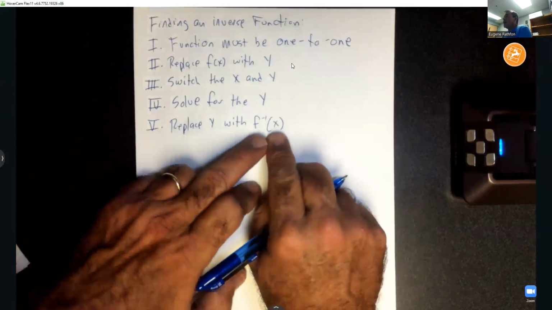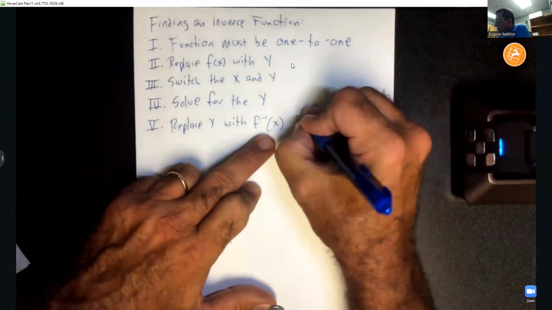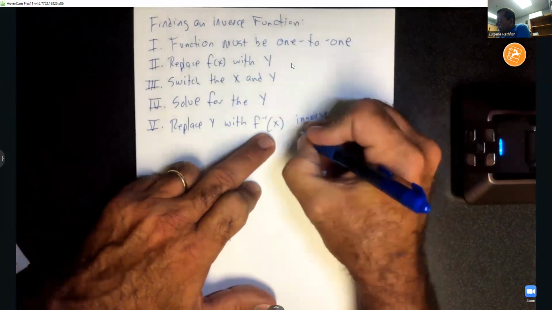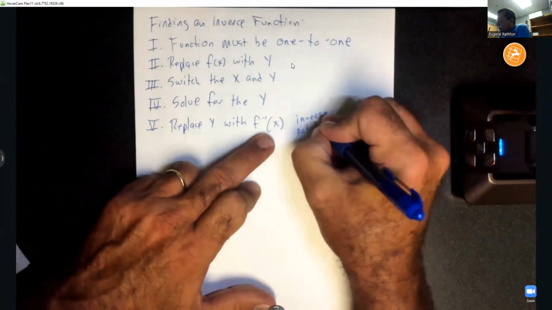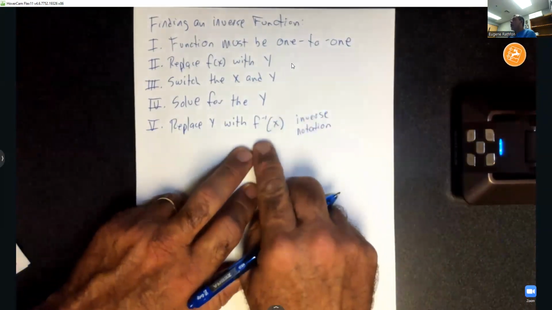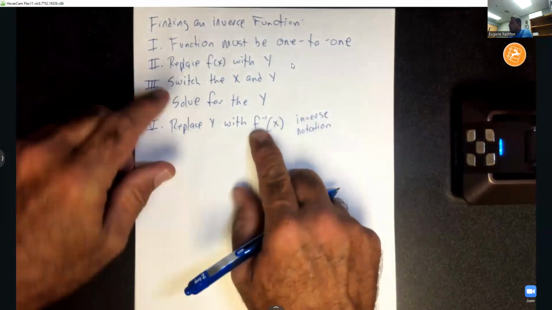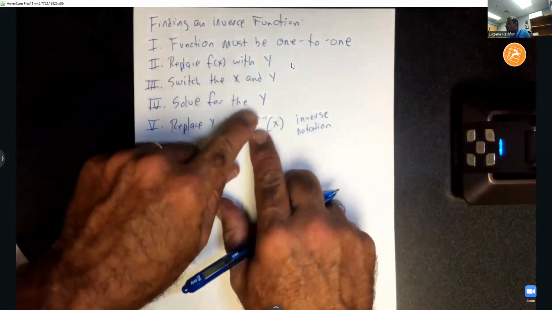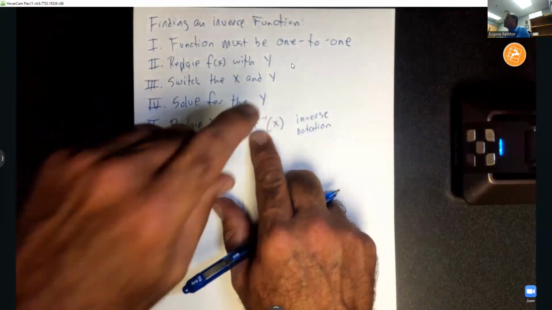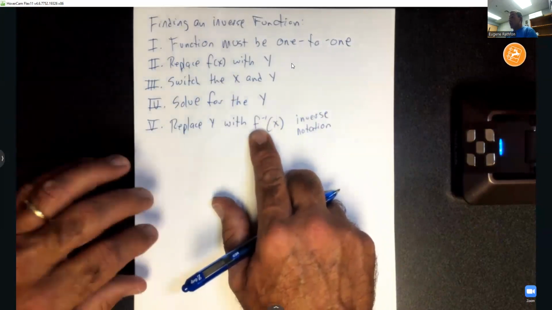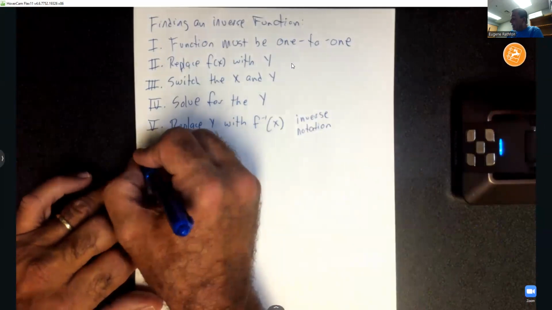This is what we call inverse notation. Now, we don't have to solve it or anything. That's just letting me know f of x is the function. f inverse of x is the inverse function, okay? And that's it, y'all.